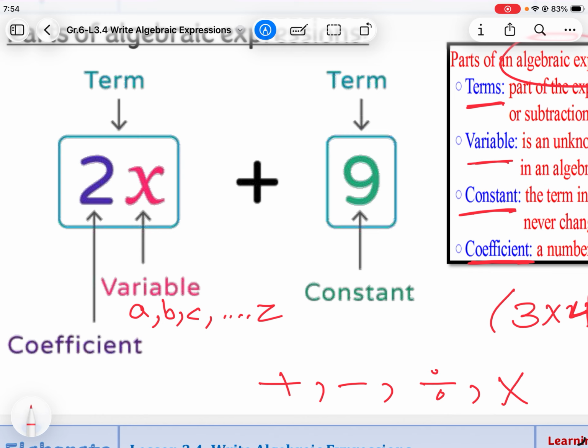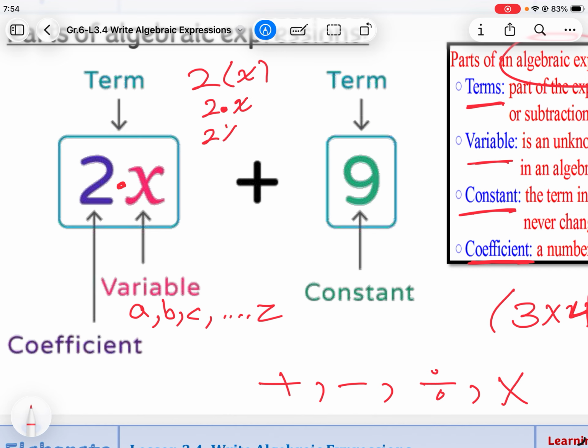Now, let's talk about the number that is multiplied with the variable. The number next to the variable is 2, and the operation between 2 and x is multiplication. We have three ways to write multiplication. You can write 2 with parentheses, then x; when you have 2 next to parentheses, that's multiplication. When you have 2, a dot, x, that means 2 times x.